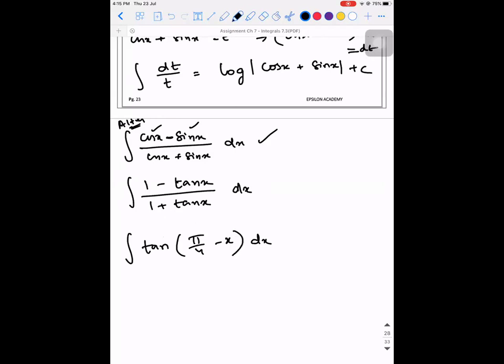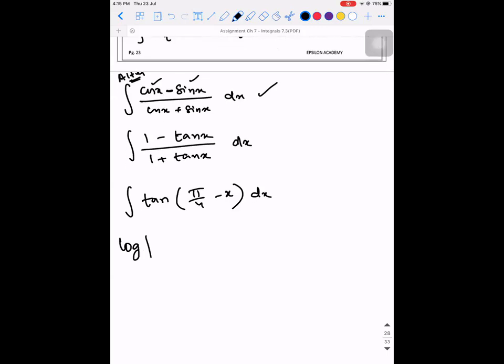Now tell me what is the integral of tan? The integral of sin x by cos x: put cos x as t, minus sin x dx will be equal to dt.